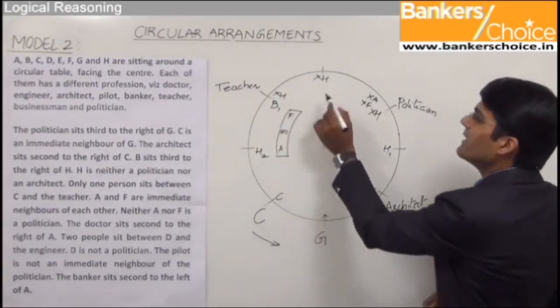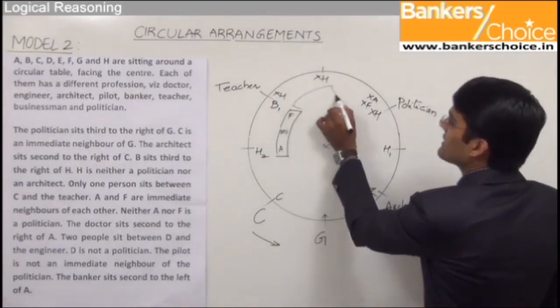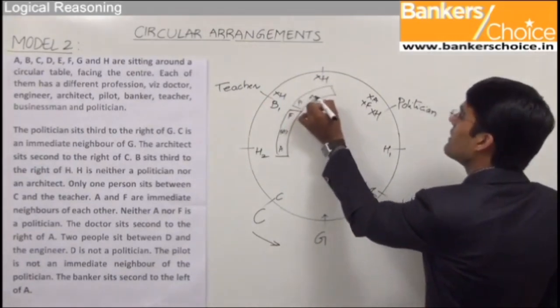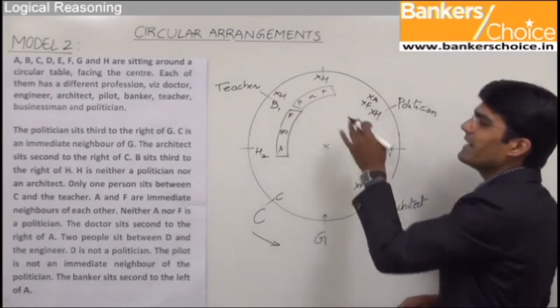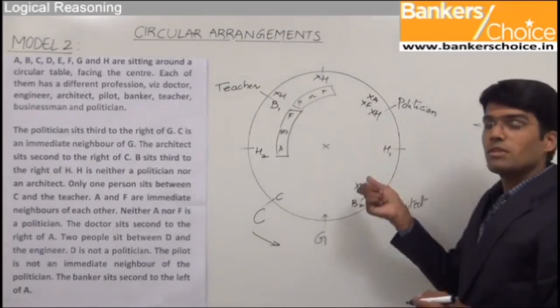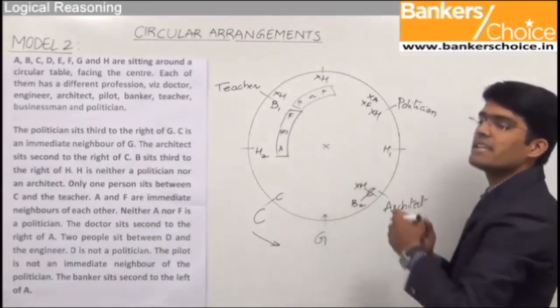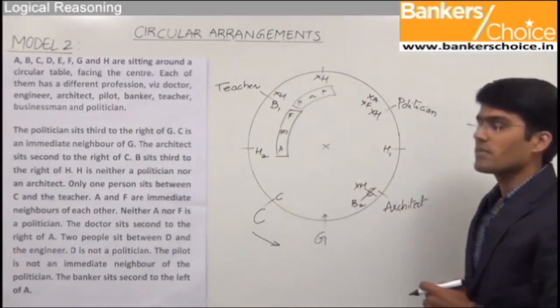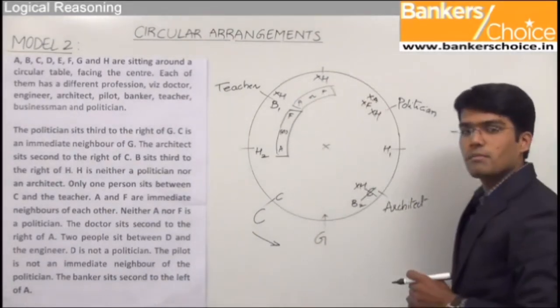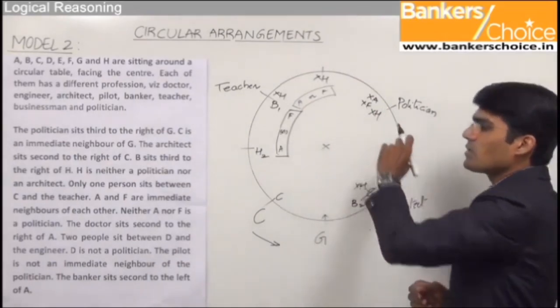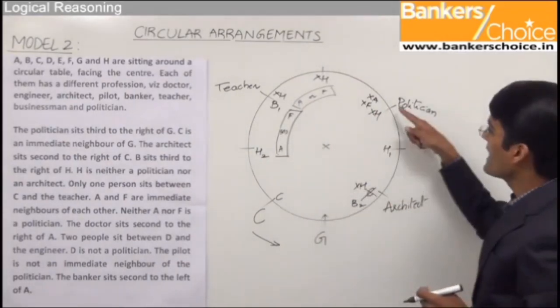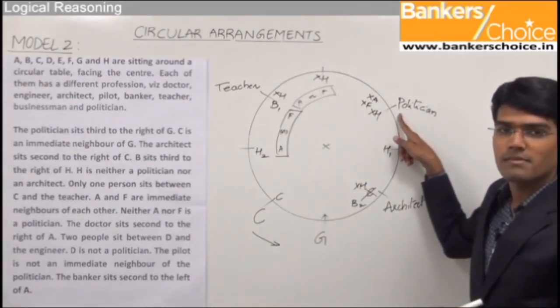The other possibility here is these two positions, that is either A comes here and F comes here, or they can interchange their positions. And since we know that neither A nor F is a politician, these two places cannot be consecutively occupied by A and F. So we cannot take these two as the possible pair, and similarly these two also cannot be taken as a possible pair. Why? Because neither A nor F can come in this place.